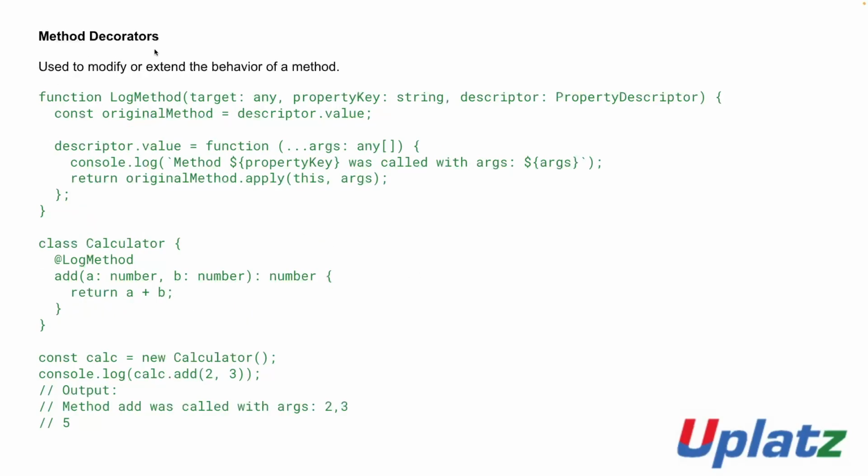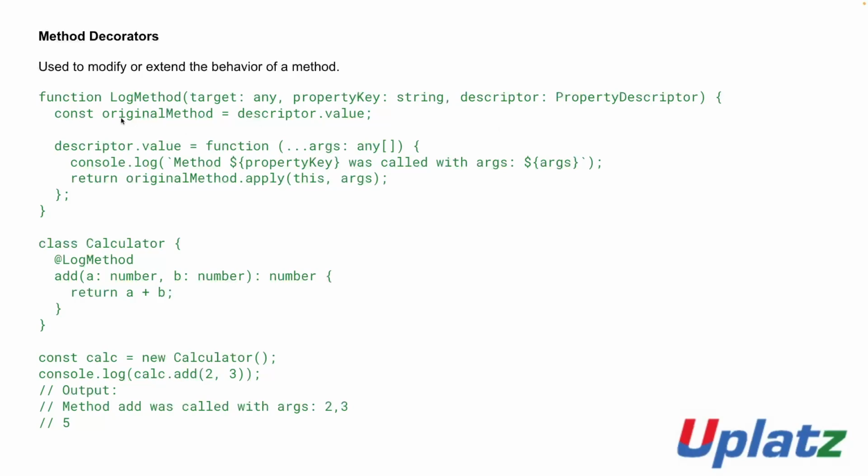Method decorators are used to modify or extend the behavior of a method. Function logMethod, target of type any, propertyKey of type string, descriptor of type PropertyDescriptor.